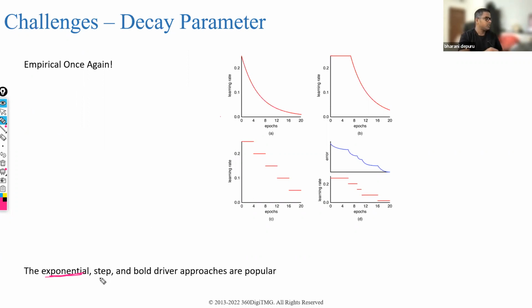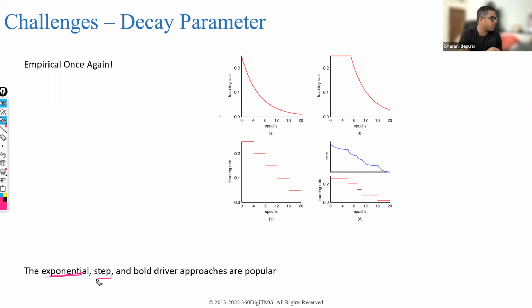Or should I use a variant of the exponential learning rate, wherein for a few epochs I let my learning rate be constant, and after that I start exponentially decreasing it?